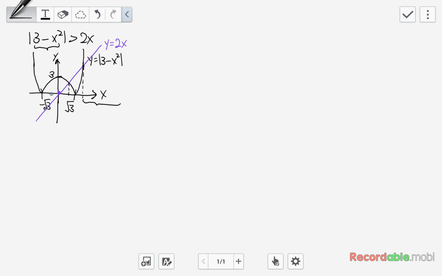How about from this point onwards and below? Below this value, my modulus 3 minus x squared graph is greater than my 2x graph, which satisfies this inequality. So we want the x values in this area.